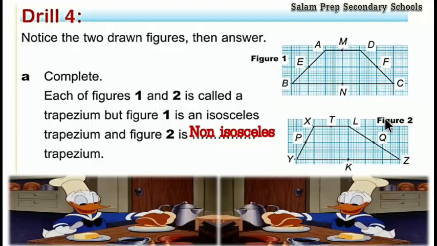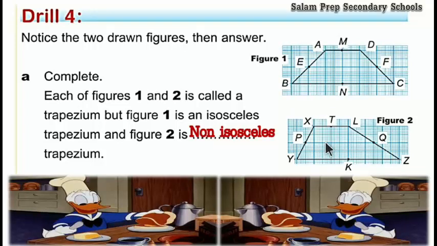Figure 1 and figure 2 are called trapeziums. But figure 1 is an isosceles trapezium, and figure 2 is a non-isosceles trapezium.